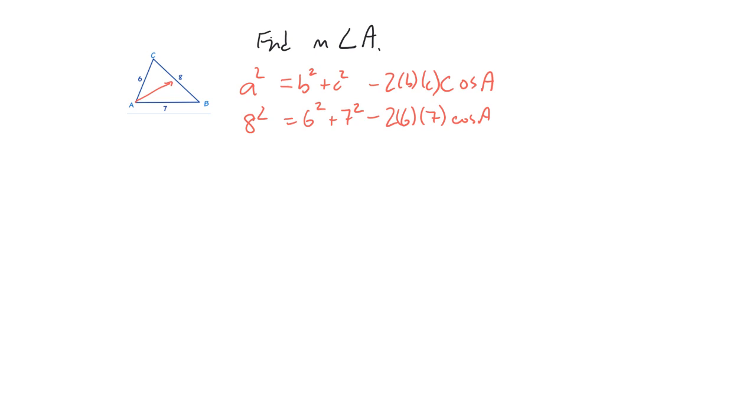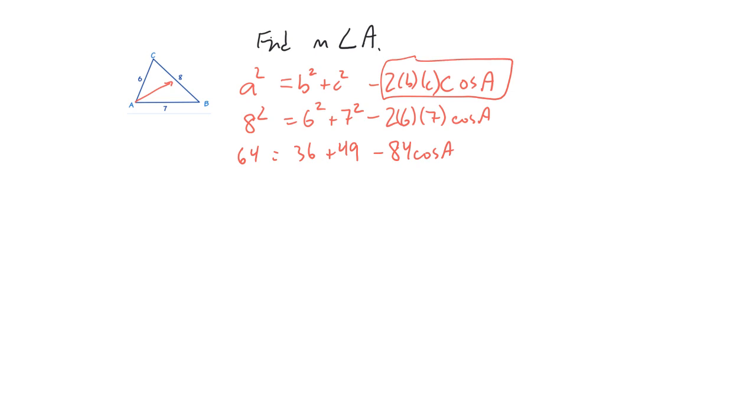So let me show you what I mean. So obviously we have 64 equals 36 plus 49 minus 84 cosine A. We have to remember that this is all one term.